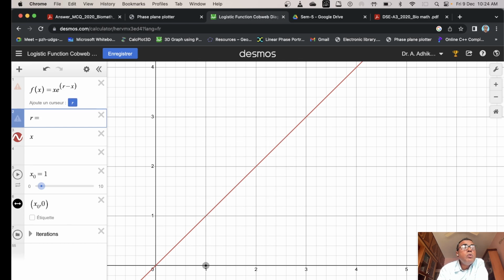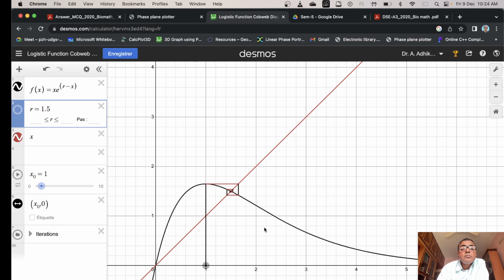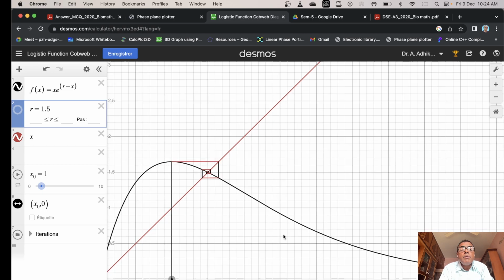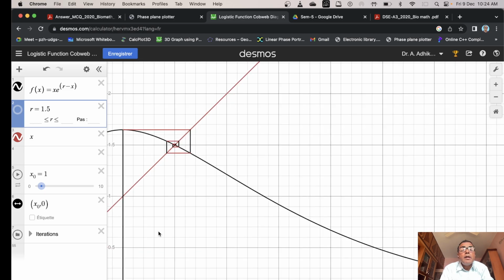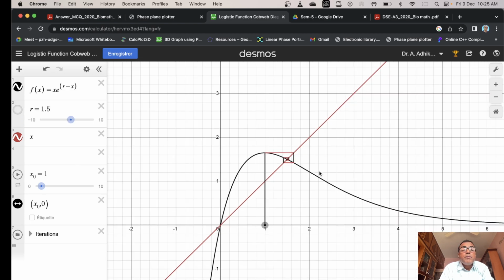If the value is 1.5, then clearly from the cobweb diagram, 0 is unstable, but r equal to 1.5 is a stable equilibrium, locally asymptotically stable.